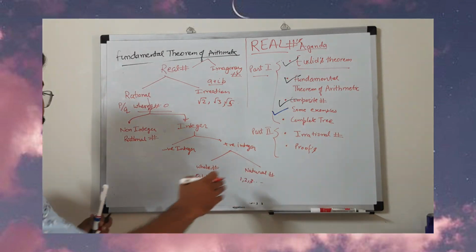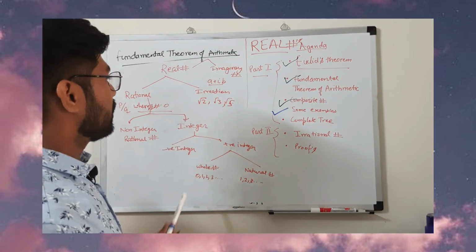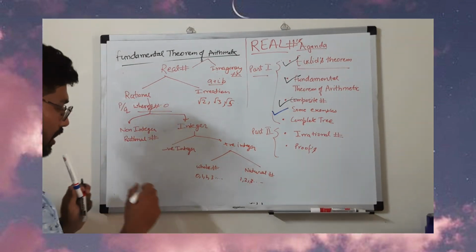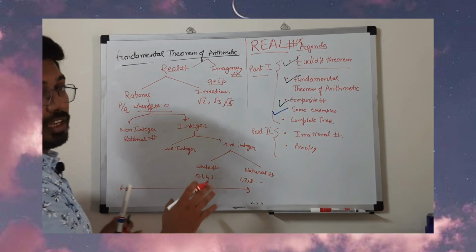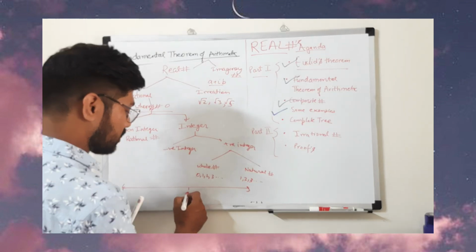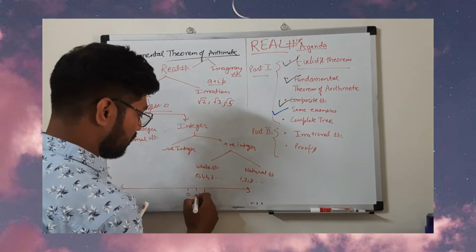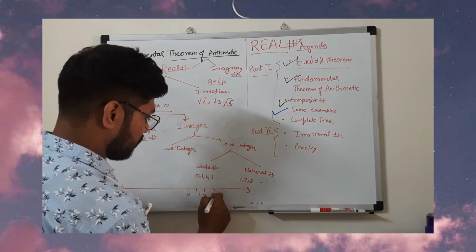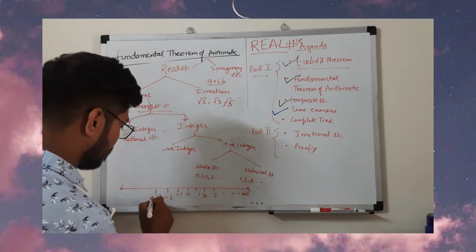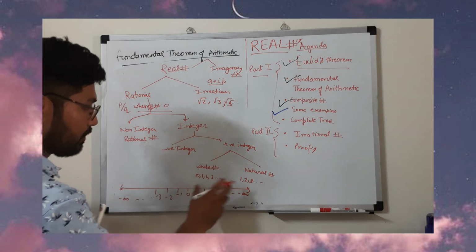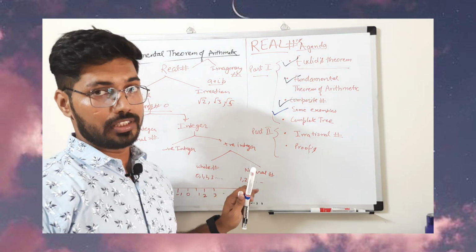So this is how we divide the complete tree to understand what a real number is. Any number on this number line, 1, 2, 3 till infinity, and minus 1, minus 2, minus 3 till minus infinity, is a real number.